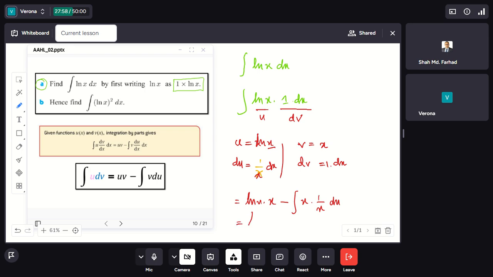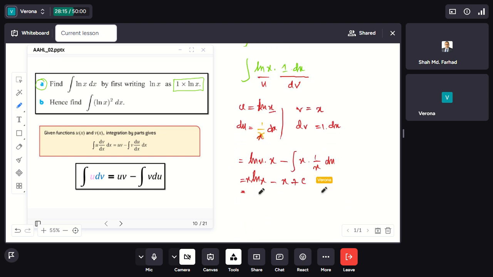So it will be x ln x minus x plus c. And you can take x common. If we rewrite this, then it will be x times ln x minus 1, plus c.